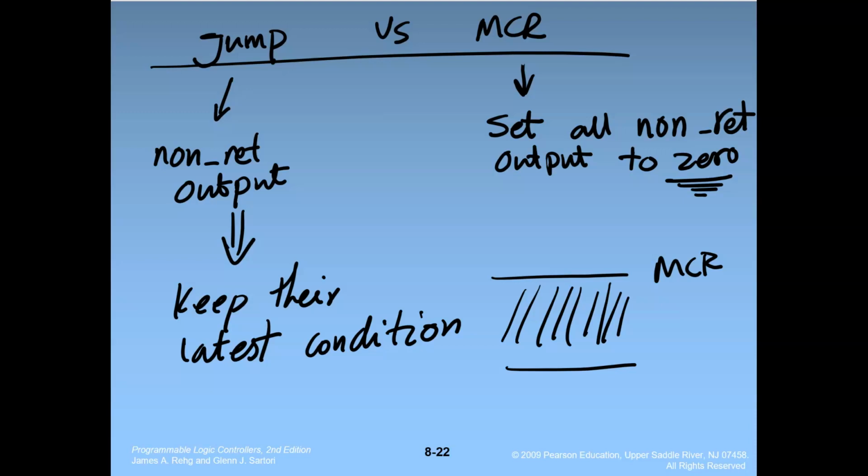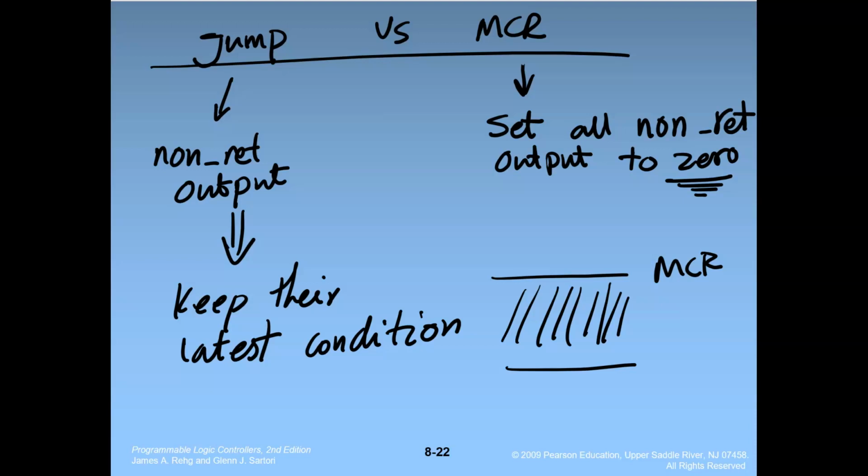You should know what happens to the condition of your non-retentive outputs if you are using an MCR or if you're using a jump. Jump basically won't affect any of your outputs, and the outputs will keep their final values and won't be updated. That's the only difference between being executed or not being executed. But MCR will force all of them to 0.